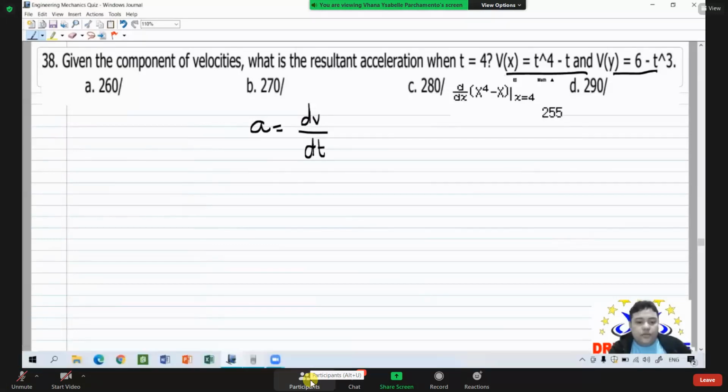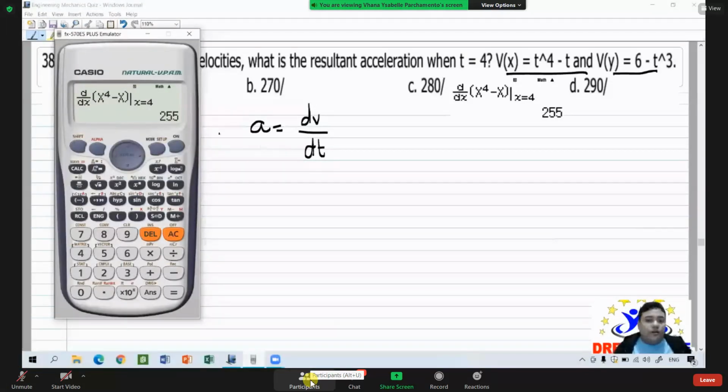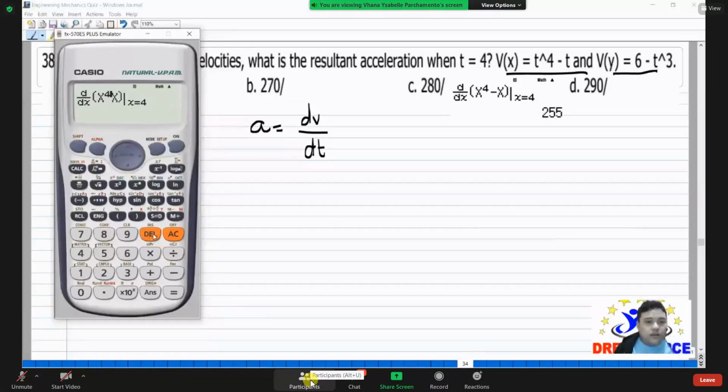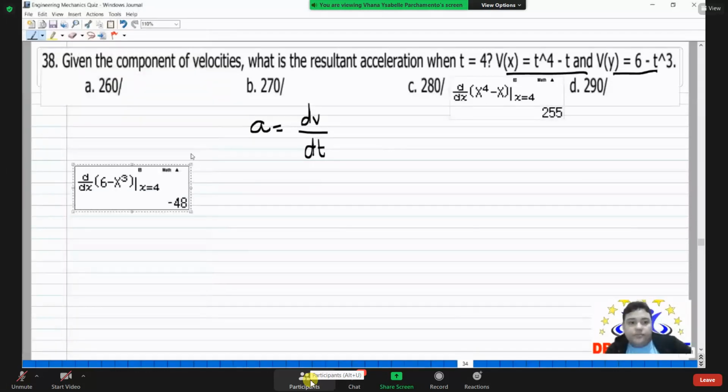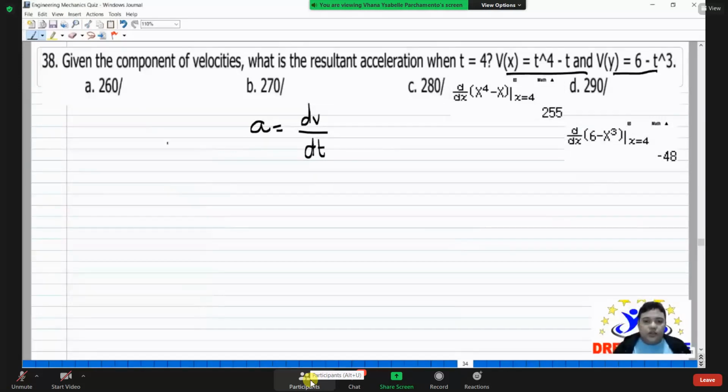Next, in the Y direction naman, so this will become 6 minus X raised to 3. So, this is negative 48. Ngayon, kunin na natin yung resultant ng acceleration, which is A is equal to square root ng AX squared plus AY squared.